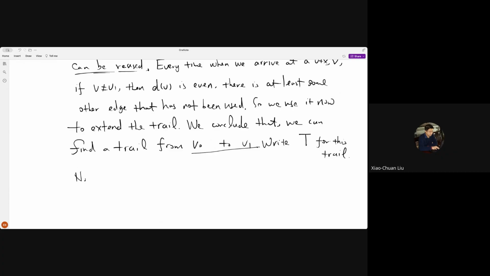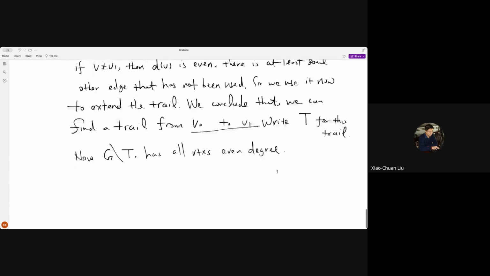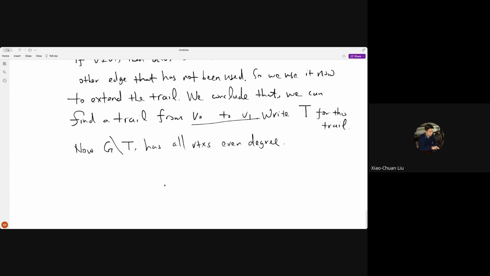Now we look at the graph G minus T. So we delete this trial from the original graph G. This time, this graph has all vertices of even degree. Okay, so imagine we have something like this.